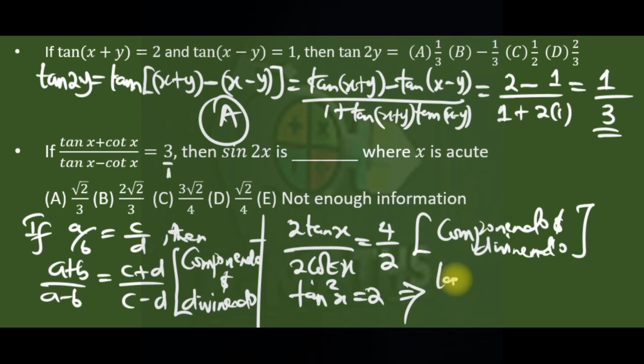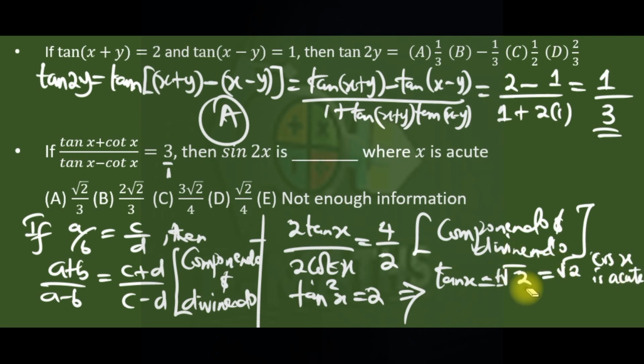Making tan x the subject of the formula, it is now square root of 2, which could be plus or minus depending on the quadrants. They showed that x is acute, so it should be positive. We are taking the positive value because x is acute.